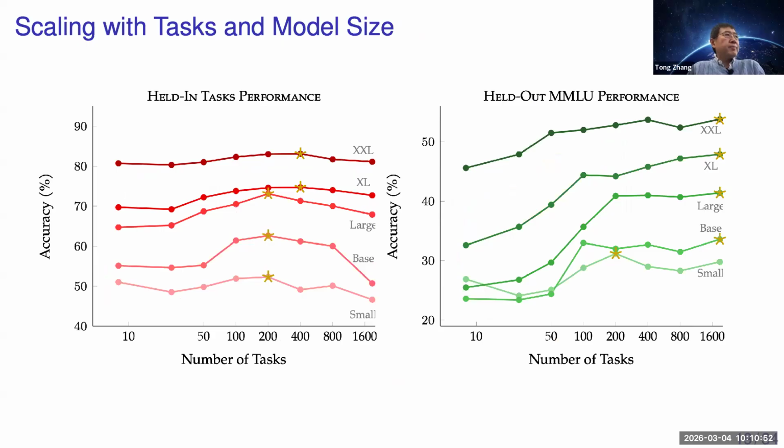Another thing is scaling with the task and the model size, the number of tasks. For held in, they don't see much difference because held in is just training data with training data. When you have more training data and evaluate on training data, it doesn't matter as much. What they are interested in is out-of-task evaluation. Traditionally in machine learning you think of a single task with training and held out.